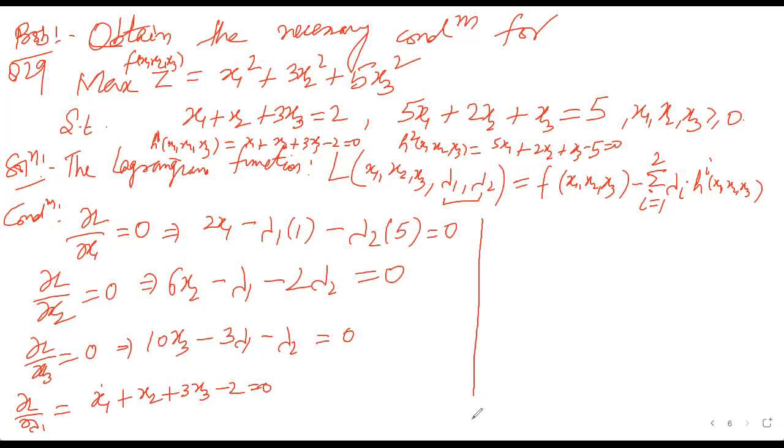And next, del L over del lambda 2 is equal to 0 gives the last equation: 5x1 plus 2x2 plus x3 minus 5 is equal to 0. So these are the necessary conditions.